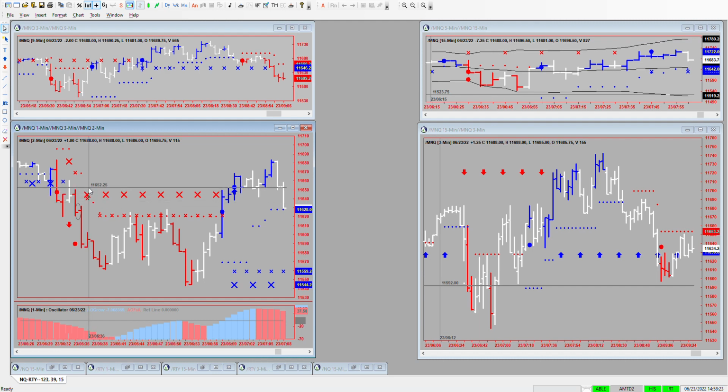I had a stop up here above my entry bar. It was an aggressive entry, and because of that, I was pretty quick to pull my stop loss down rather than continue to follow the AbleTrend guidelines on this trade. I pulled my stop down pretty quickly. Once we got down into this range, I locked in 25 points, especially after this big drop down here.